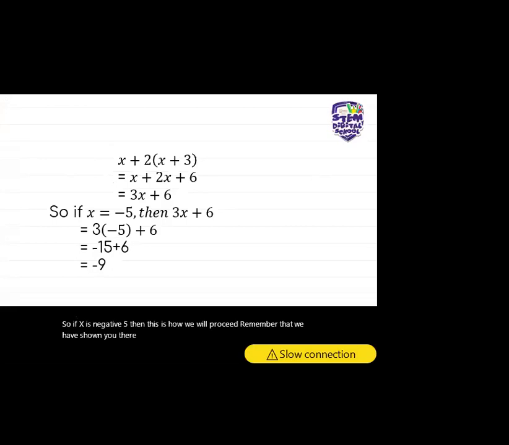In the initial phase, you don't have to simplify the expression. You can just put in -5 in the original expression. But in our case here, we've shown you first that if it is simplified, it becomes easier. It becomes easy for you to work with a simplified algebraic expression.